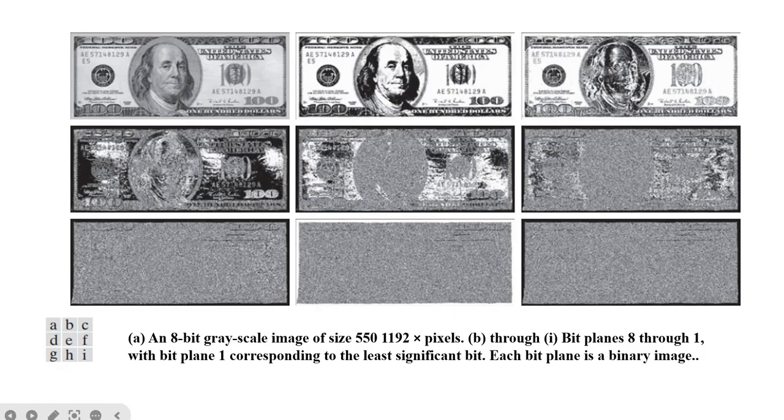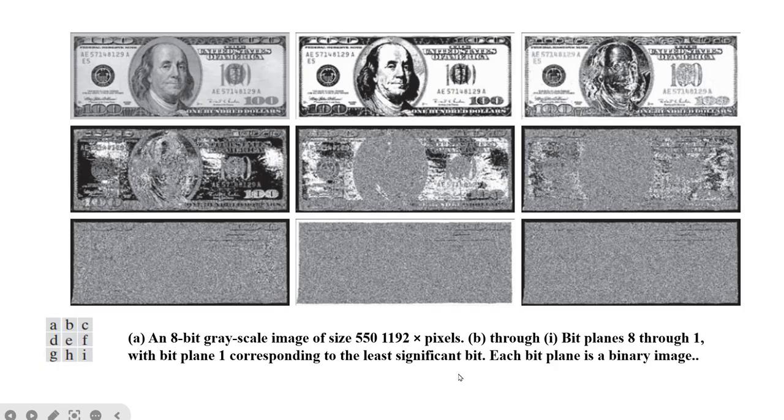Now you can see from these figures, in the last two bit planes, that is 7th and 8th, the data is visible. Here the data is somewhat visible, but here the data is clearly visible. But in the lower order bit planes, these have the subtle intensity details in the image. We cannot see anything here.